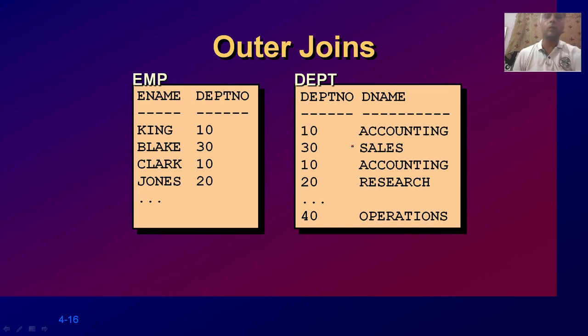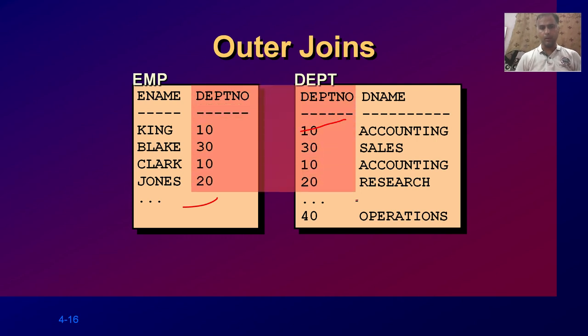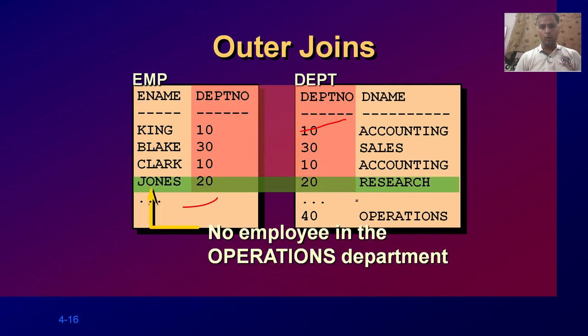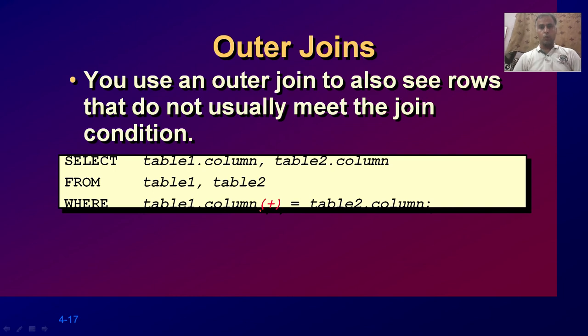What is the outer join? Look here: in the EMP table there are 14 records. In the department table you can see departments 10, 30, 20 and 40. If you want to perform an outer join, note there are no employees in the operations department, number 40.